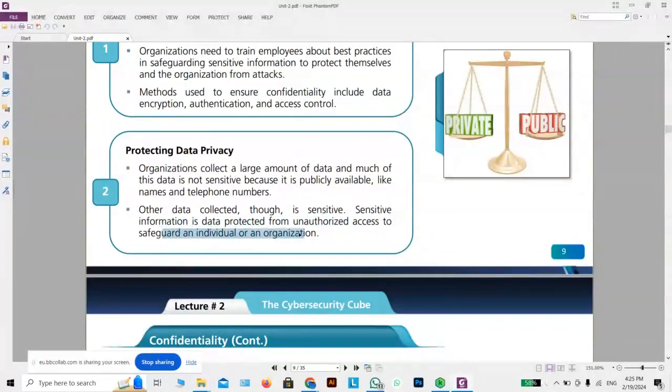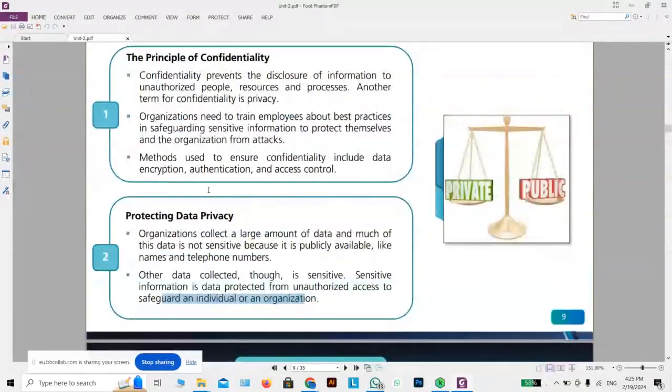For companies, whoever's information, yours and mine, has value to some organizations, because they use business intelligence tools to get and use that information. These are examples of confidentiality.